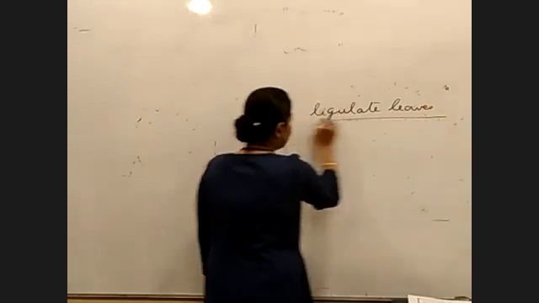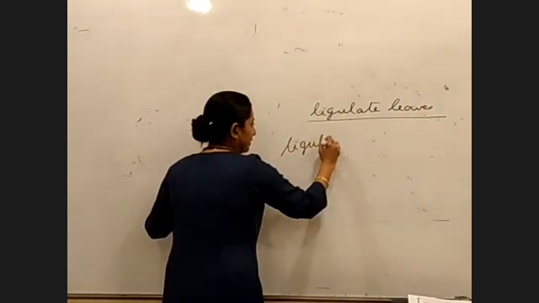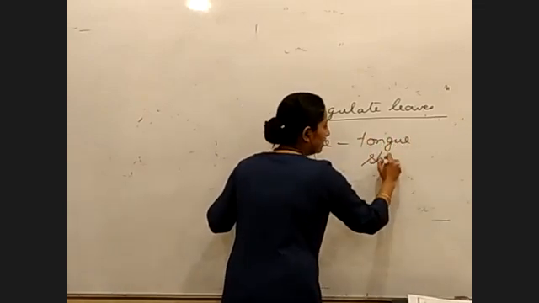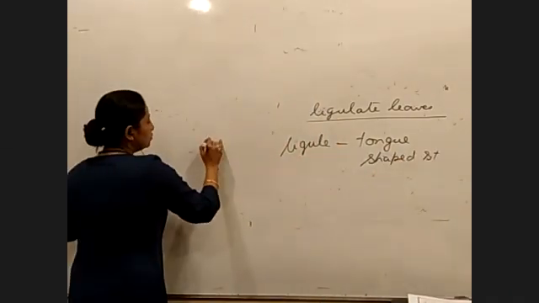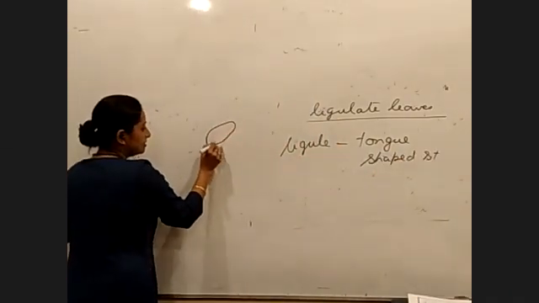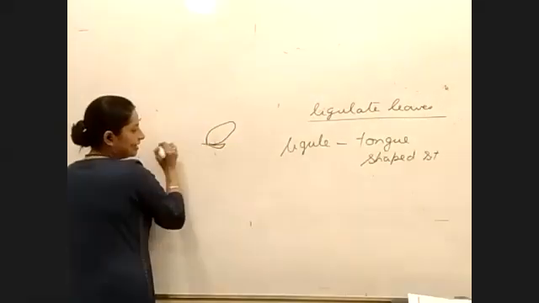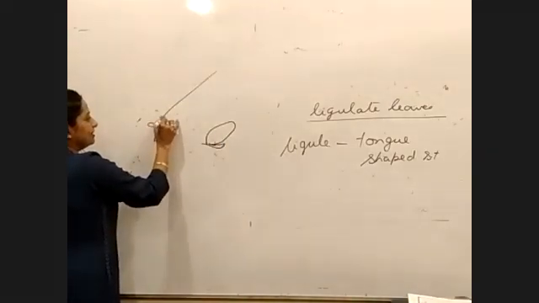Ligulate leaves. What is a ligule? A ligule is a tongue-shaped structure. So in Selaginella, suppose this is the leaf, at its base there is a tongue-shaped structure. We have drawn Selaginella something like this, right?